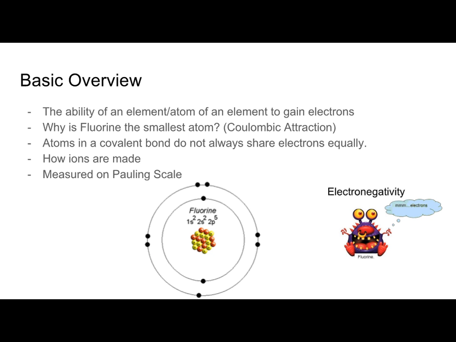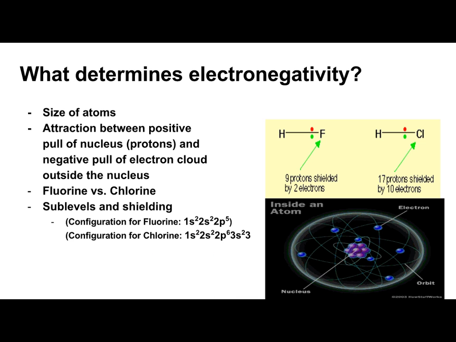So fluorine is the most electronegative atom because it's the smallest. That means the protons are closer to the electrons on the outside, which results in a larger Coulombic attraction, which shrinks the atom. The size of the atom matters, so the smaller the atom and the more protons it has, the higher the electronegativity.